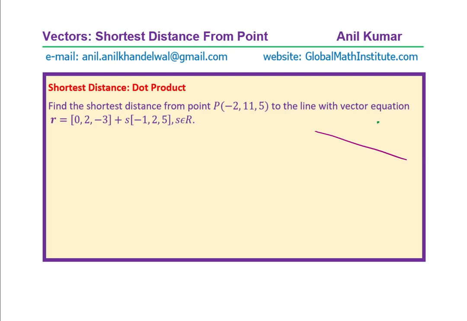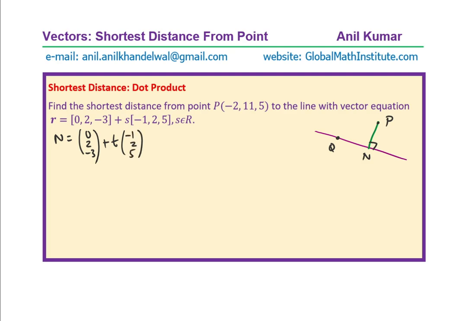We basically have a point P. We have a point Q here, N and P. We are interested in finding P to N, right? N being on the line itself. So now, from here, let N be a coordinate point, which could be written as (0, 2, -3). We could write like this also, plus T times (-1, 2, 5).